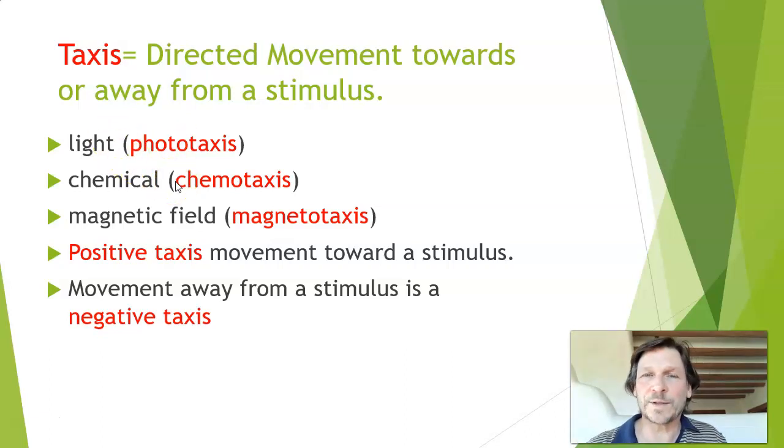Anything dissolved in the environment we call chemo. If it can sense that and move towards a sugary solution in the media, that would be positive. If it swam away from it, it would be negative chemotaxis. Some bacteria, especially in soil, have the ability to sense magnetic fields, and the ones that have been shown have a positive magnetotaxis that will actually swim and align with the magnetic fields.